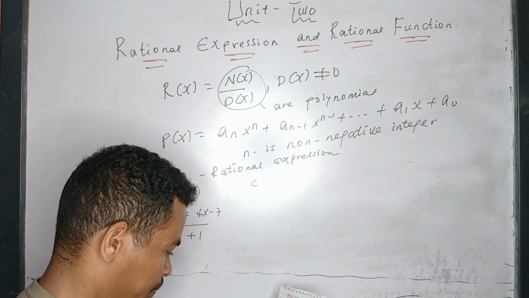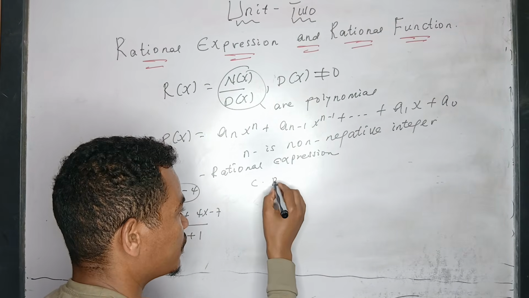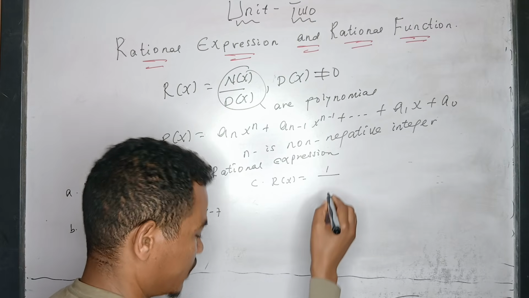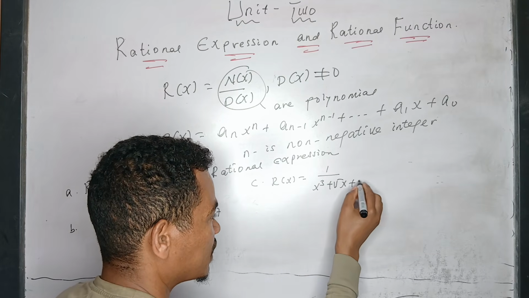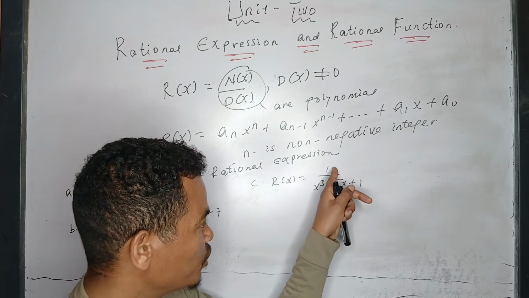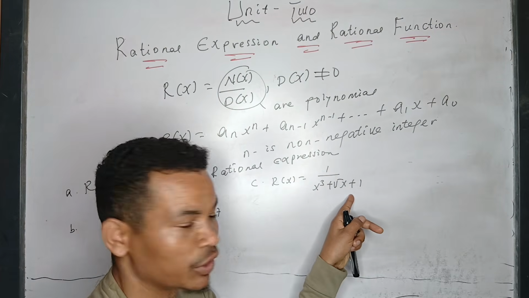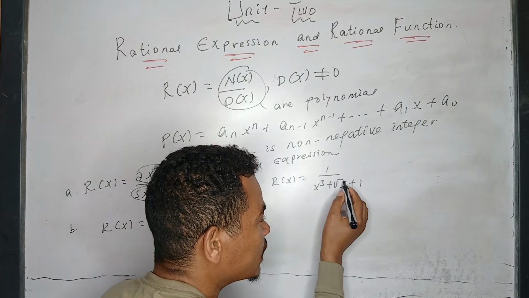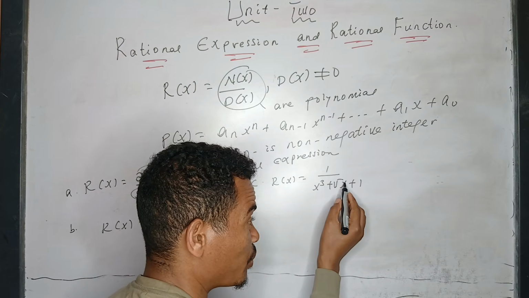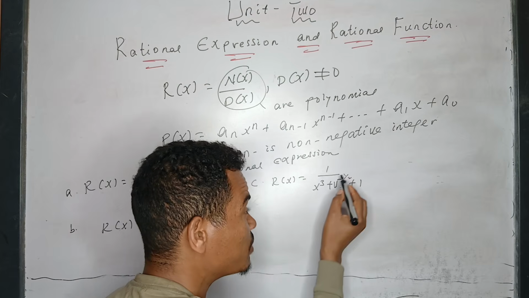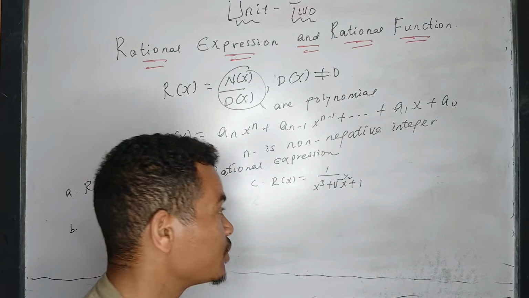C: r of x equals 1 over x cubed plus radical x plus 1. The denominator is not a polynomial, because the exponent of radical x is 1 over 2, and 1 over 2 is not an integer, not a non-negative integer.